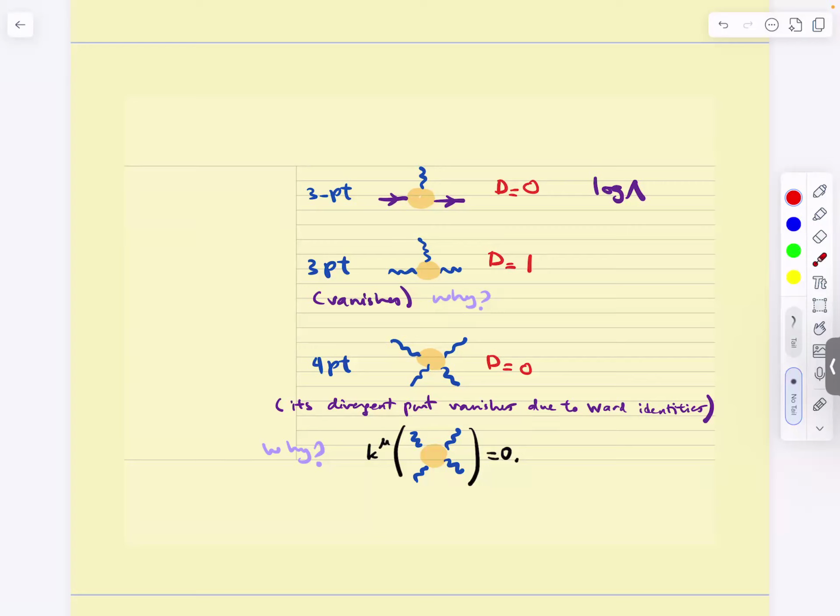Why does this vanish? Because it will have to contribute to a 3-point function of a Lorentz scalar. So A mu, A nu, A alpha. There is no way of contracting these indices to build a Lorentz scalar, right?